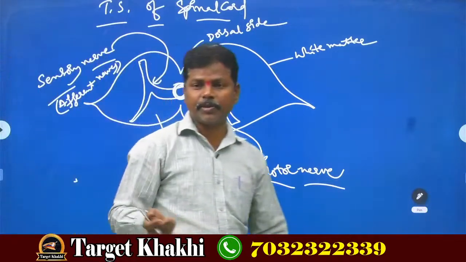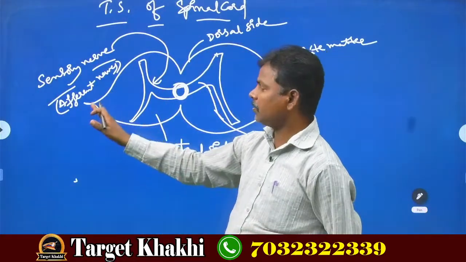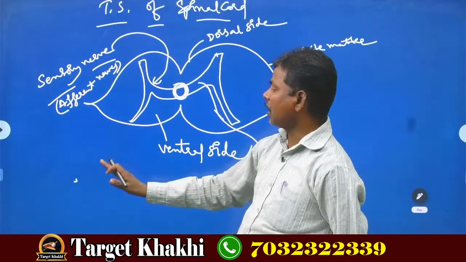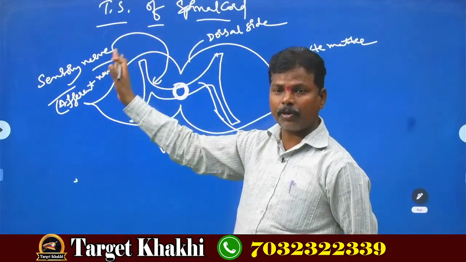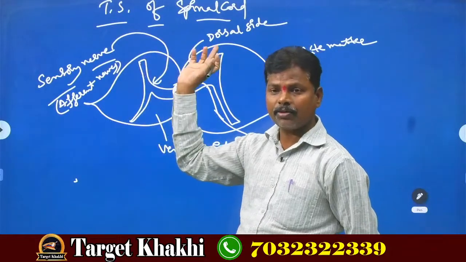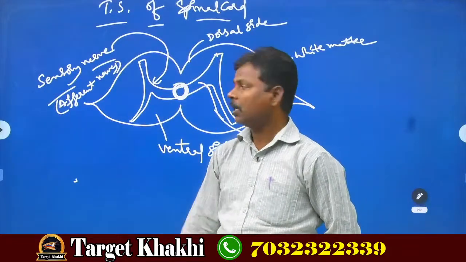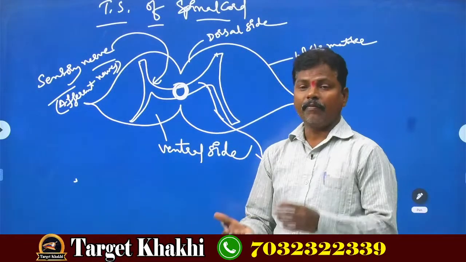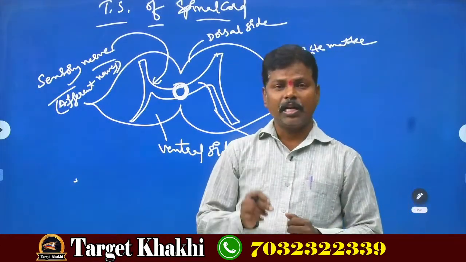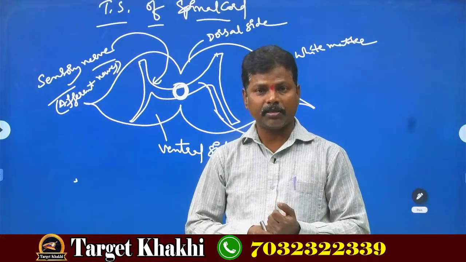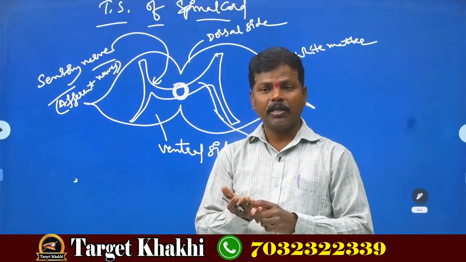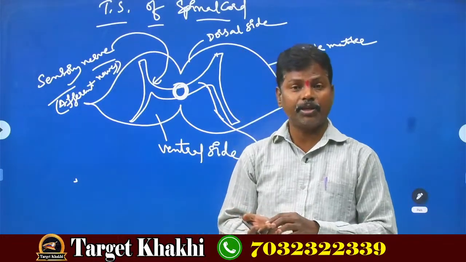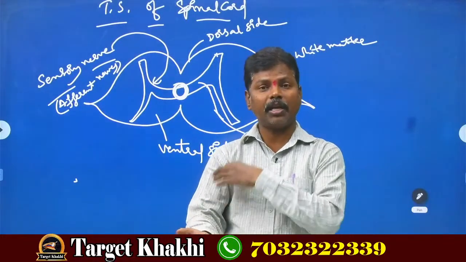What is meant by afferent nerves? The nerves which are connected from body parts to the spinal cord or to the brain are called afferent nerves. Mainly when we touch any hot object or when a thorn pricks our skin, immediately the sensory neuron will send a message to the brain.